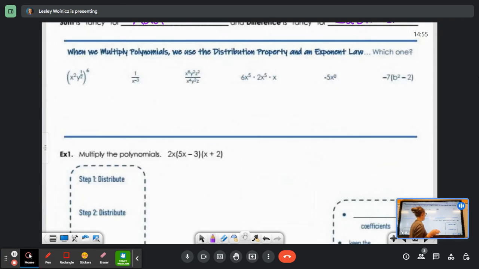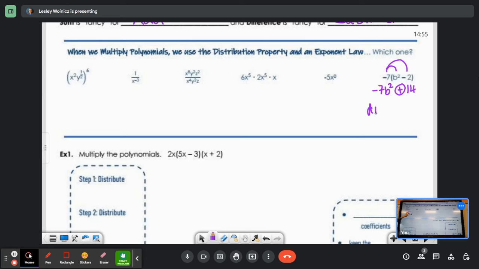Now remember that we learned yesterday when we multiply polynomials, we're going to need two things, the distributive property and one of our exponent laws. Which one of these is an example of the distributive property? The last one. So I can distribute the -7 and I get -7b squared. -7 times -2 gives me +14.